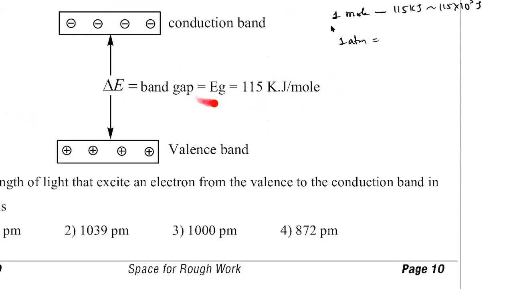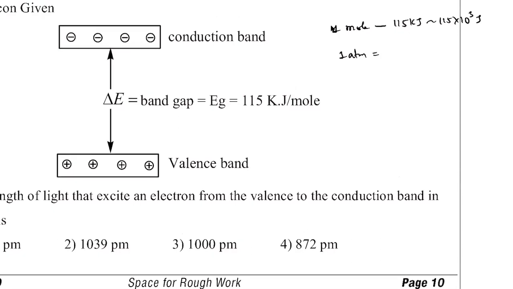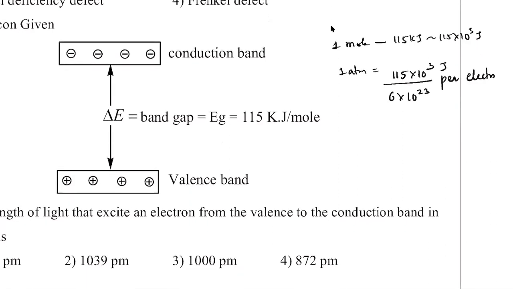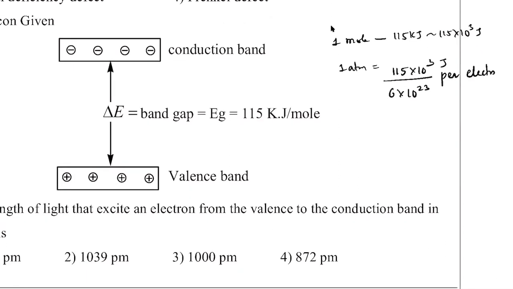This entire energy is for 1 mole. So if I take it for one atom, it is 115 into 10 raised to 3 divided by 6 into 10 raised to the power of 23. This much energy per electron, and this is in joules. So we got the energy per electron.